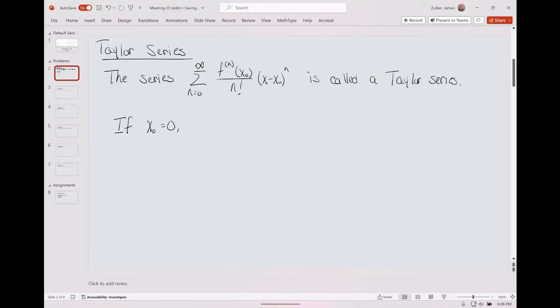So f, the little n in parentheses means derivative. If the parentheses weren't there, it'd be a power. In the special case where your center is 0, it's called a Maclaurin series instead.